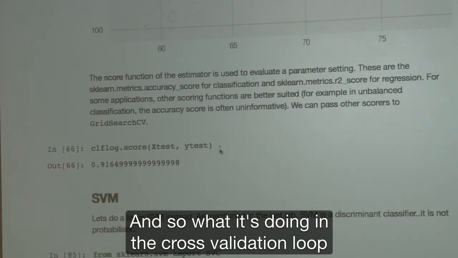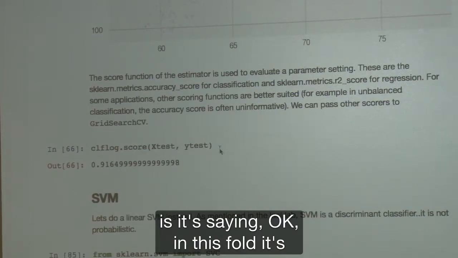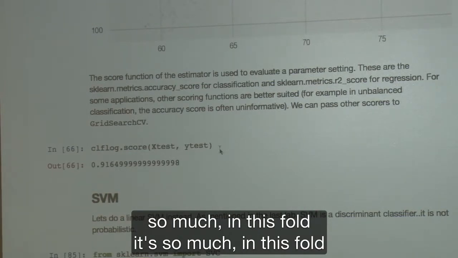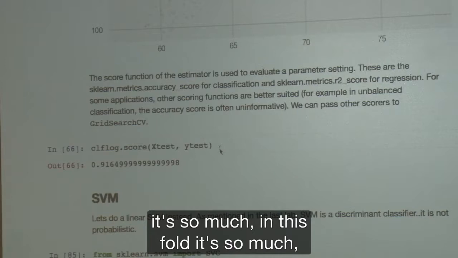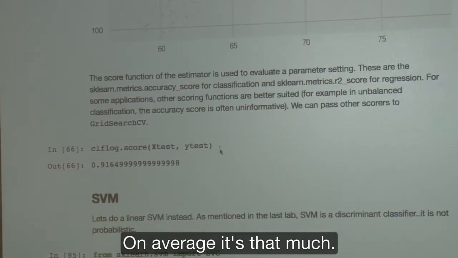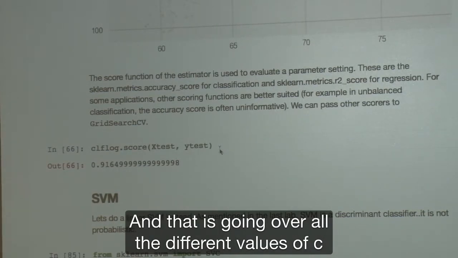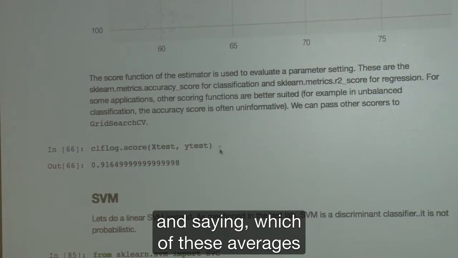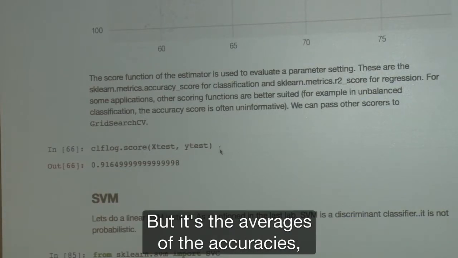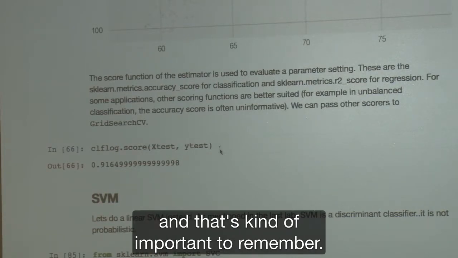What it's doing in the cross-validation loop is saying, okay, in this fold it's so much, in this fold it's so much, and on average it's that much. Then it goes over all the different values of C and says which of these averages is bigger than the others. But it's the averages of the accuracies, and that's kind of important to remember.